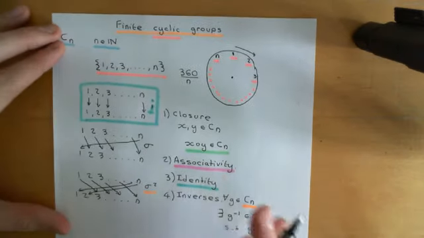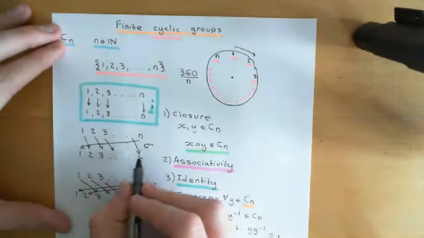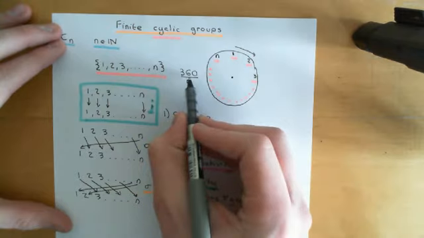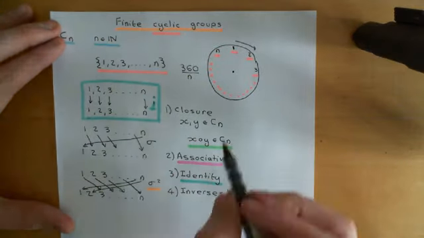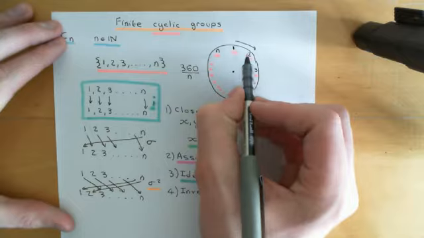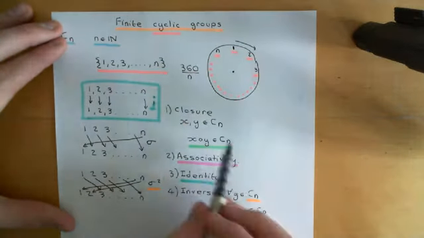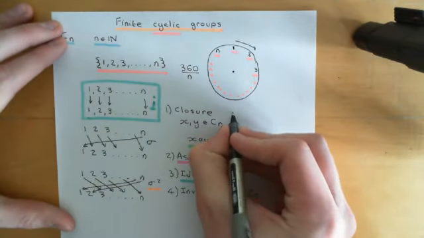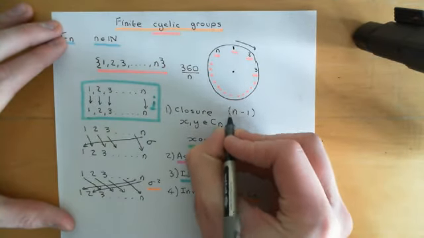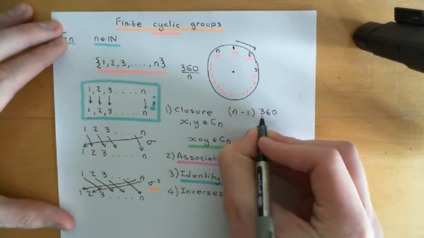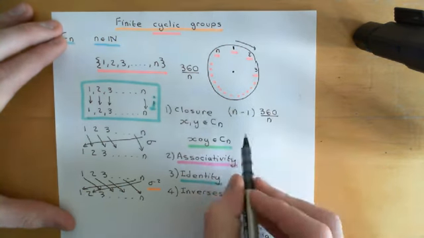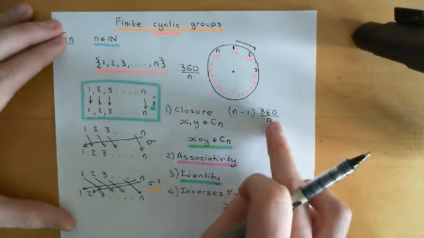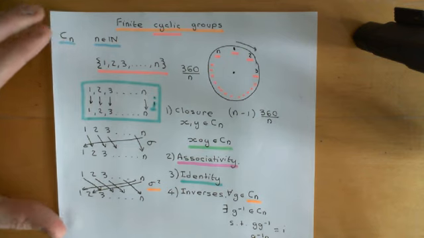For instance, let's take the example of this sigma element here, where we rotate by 360 divided by n degrees. The inverse to that is also going to be represented within our group, and the reason is that we can just take the element which represents the cyclic permutation where you rotate by n minus 1 times 360 divided by n degrees.